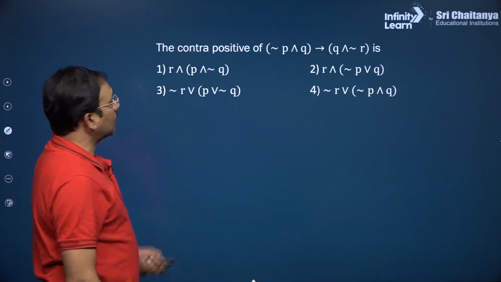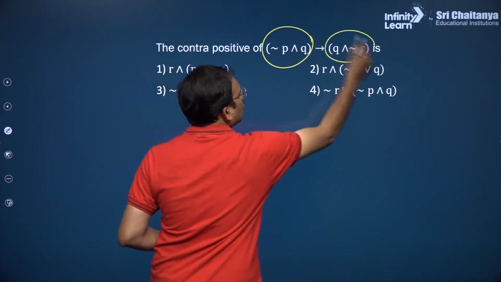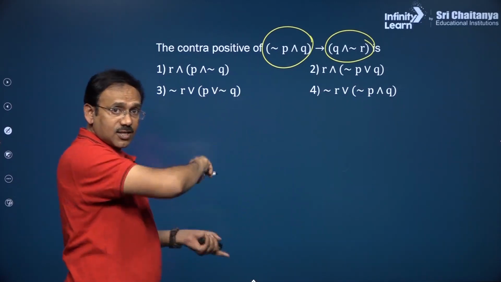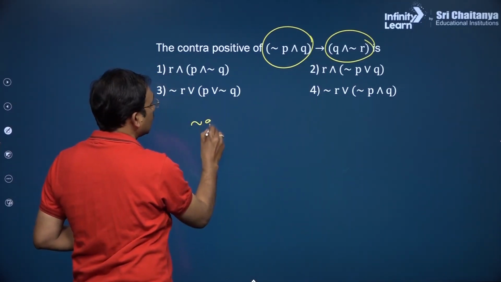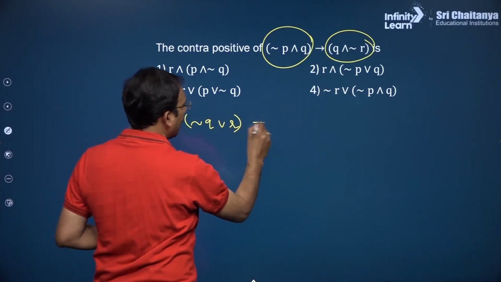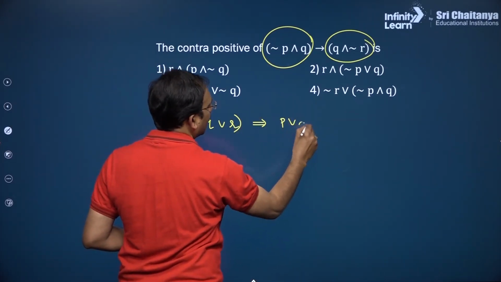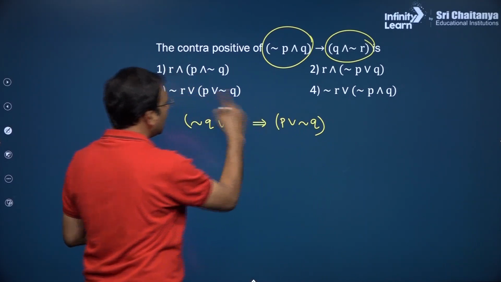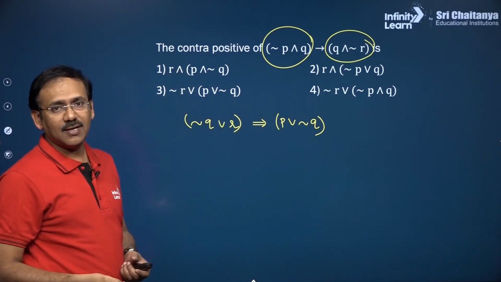Next, my dear friends, the contrapositive of a given statement. For P implies Q, the contrapositive is negation Q implies negation P. Its negation is negation Q or R implies, its negation is P or negation Q. But the statements are not like this. You can write the truth table; PQR will have 8 cases.